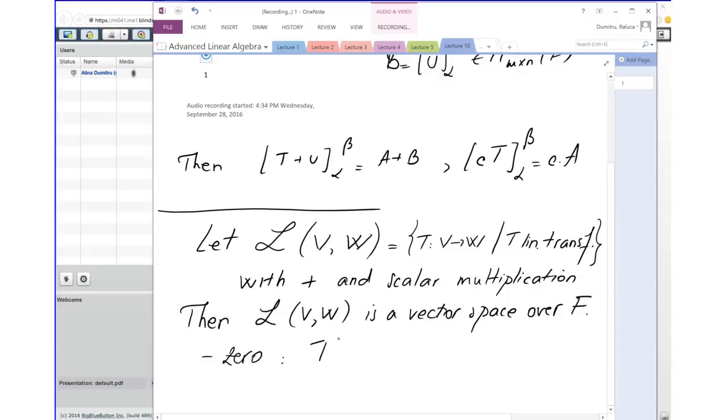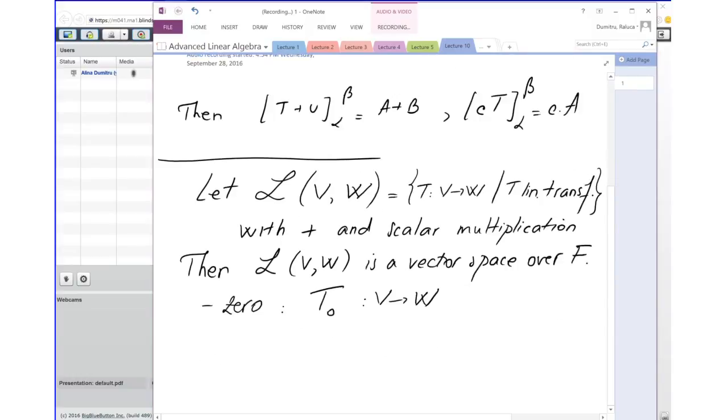It sends everything, let me call it T sub 0, into the 0 of W. So it's the constant 0 linear transformation, T sub 0.